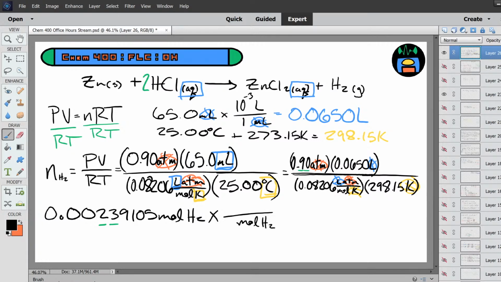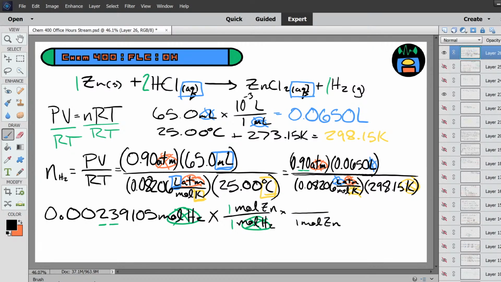So we got to convert moles of hydrogen to moles of zinc. And that conversion factor is right here. It is a 1-to-1 ratio. Moles of H2 cancel. Next, we need a conversion factor. So this should be Zn. 1 mole of zinc.